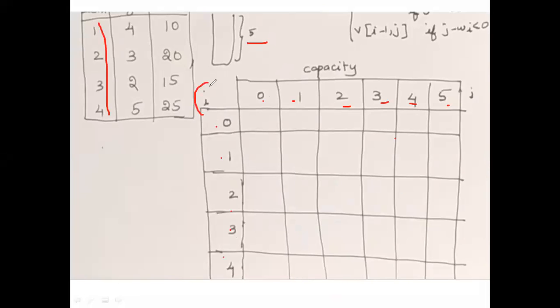That is I, and that is J. Next, the first row and first column value should always be 0, for all problems, not only this one.